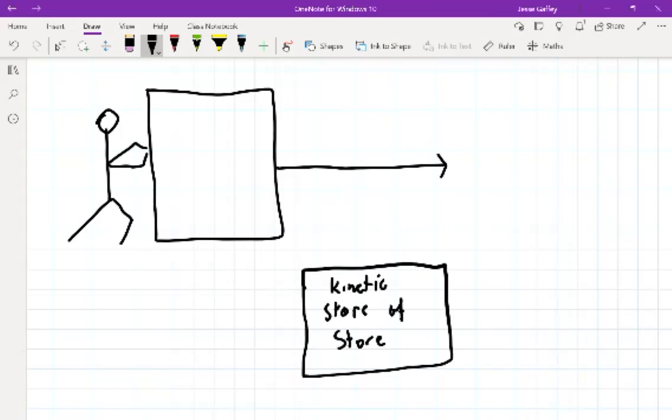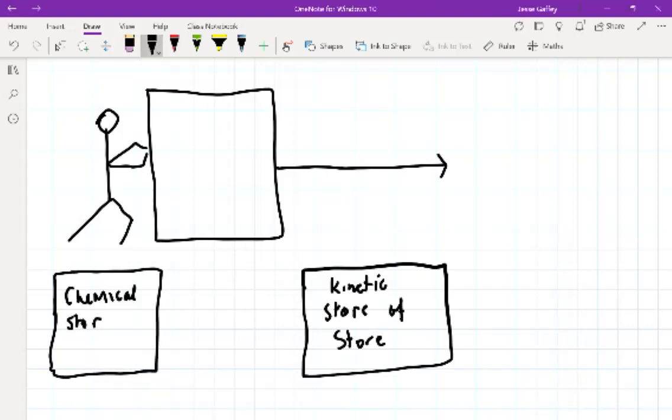Now, when we talk about people doing things that involve their muscles, it's easiest to talk about a person's chemical energy store.